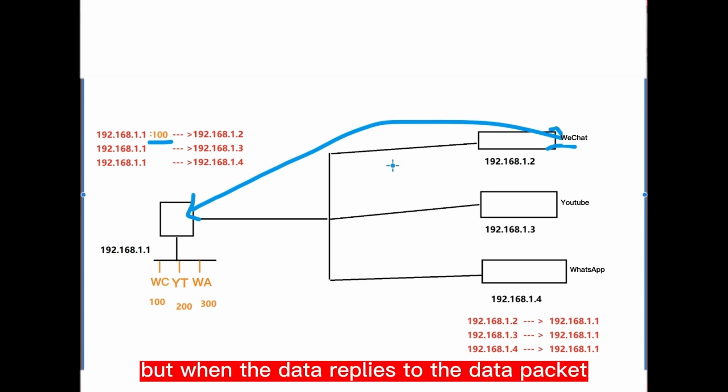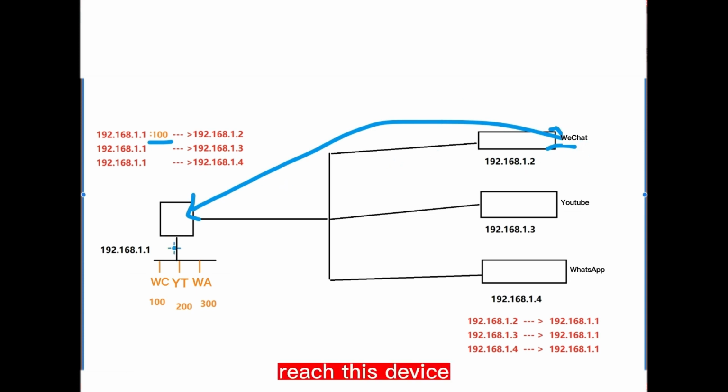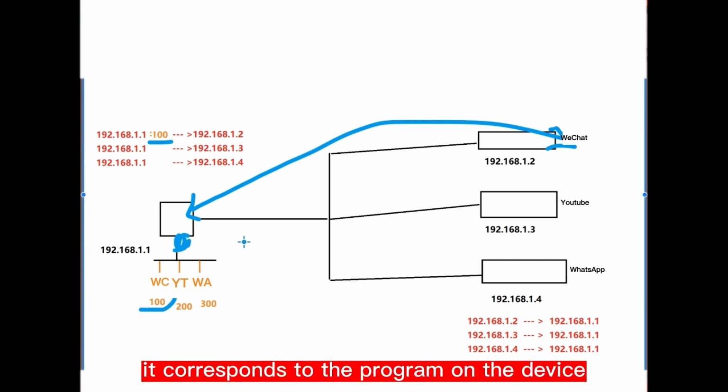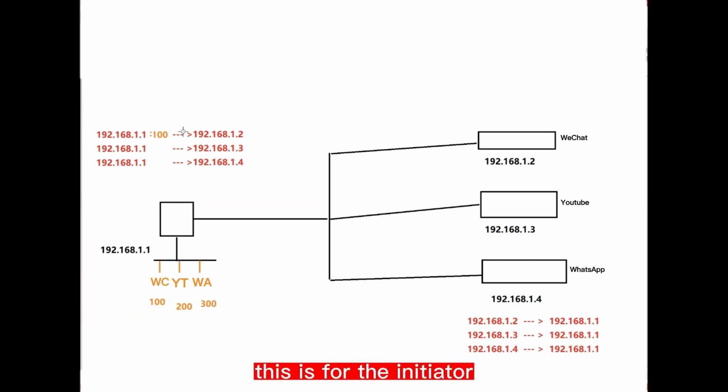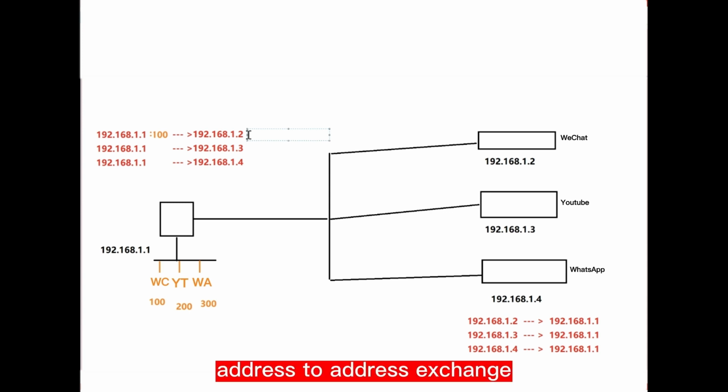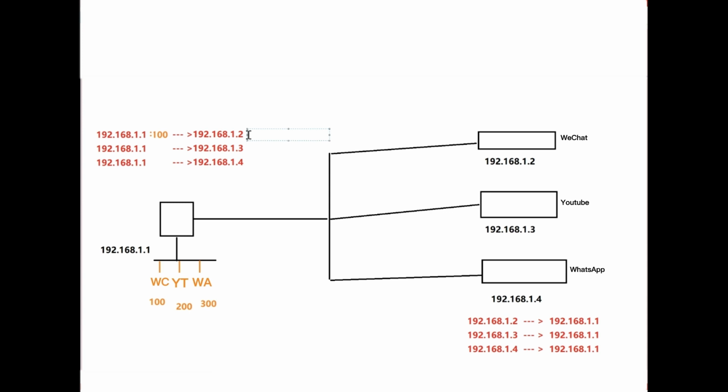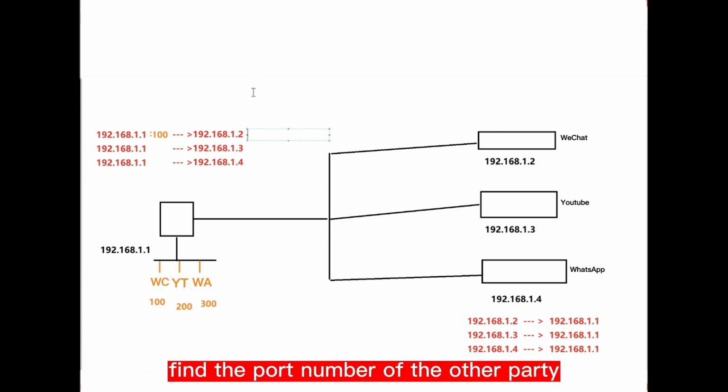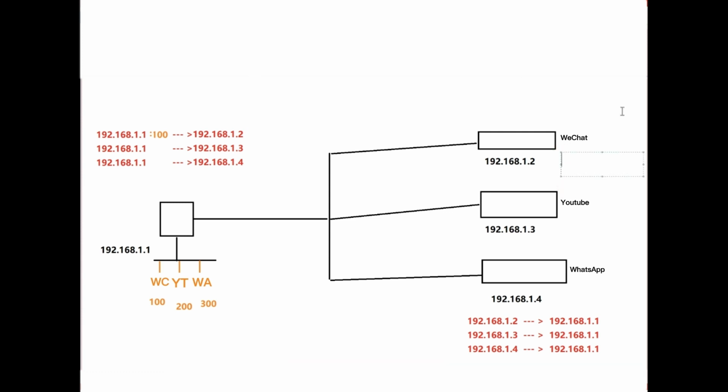But when the data replies to the data packet and reaches this device, it knows that it corresponds to the program on the device. This is a more meaningful port for the initiator. Of course, data communication is address-to-address exchange. If it comes with the port number, it also needs to find the port number of the other party.